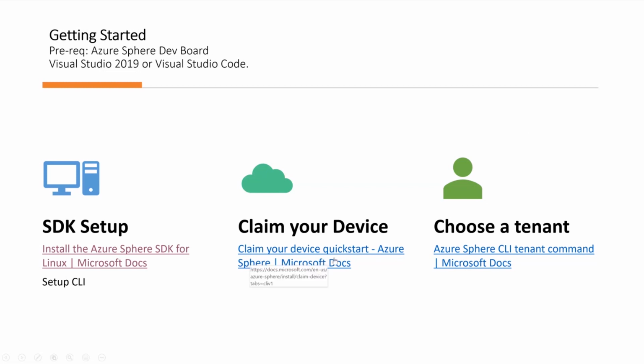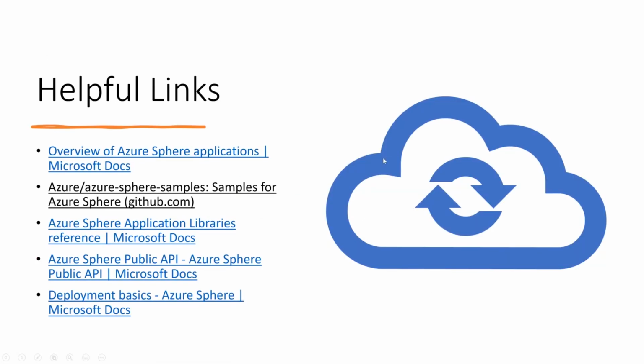And these two links: when you buy a new device, you have to claim it, because it binds the device to your Microsoft Azure account. Without that, you cannot progress any further. I have provided you the link, and then you have to register the device to your particular tenant in your Azure portal.